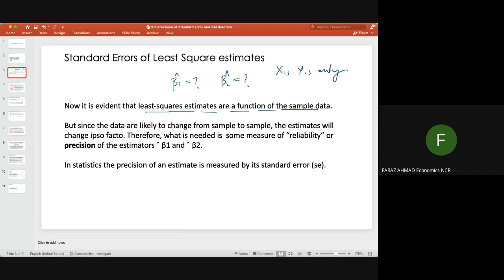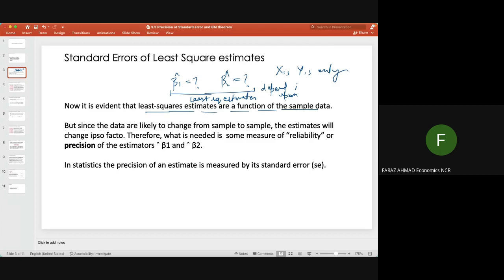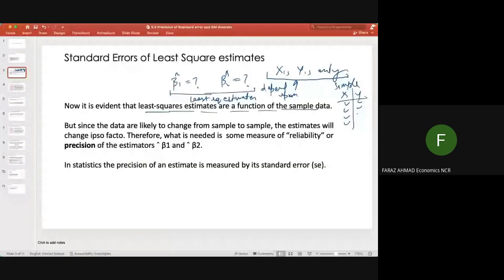These are the least square estimates, and they depend upon x's and y's, which are nothing but the sample values of x and y.